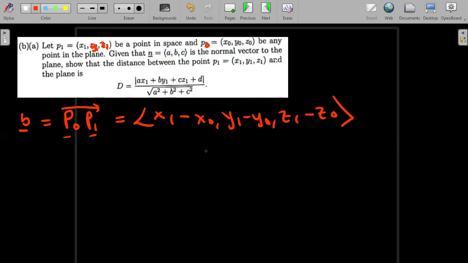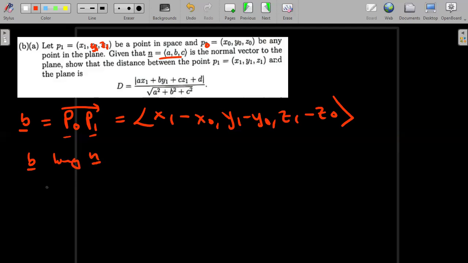So you get that. Then you already know that your normal, which we've been given in the question, is this one here. That's your normal. Then from here, we see that the distance from P1 to the plane is the absolute value of the projection of B along n.